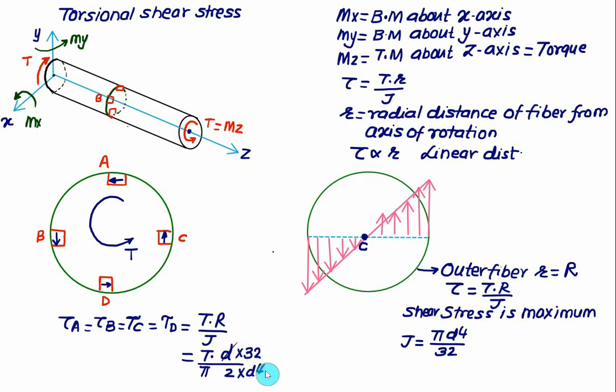So one of the d will get cancelled and we are left with d cube, and we'll get the equation: tau is equal to 32 by 2, that is 16 times torque divided by pi into d cube. Whereas the bending stress is given as sigma b equal to 32 times M divided by pi into d cube if we are using a circular cross section.